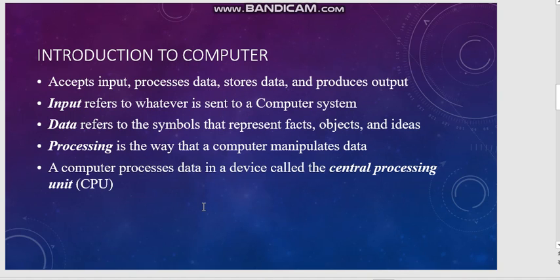Now, a computer system can accept input, it processes data, it stores data and produces output. Input refers to whatever is given to the computer system. Through the input devices, we give the input to the computer system.